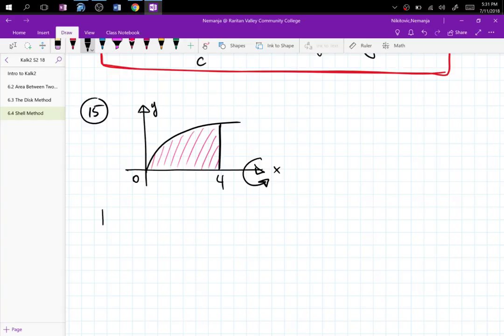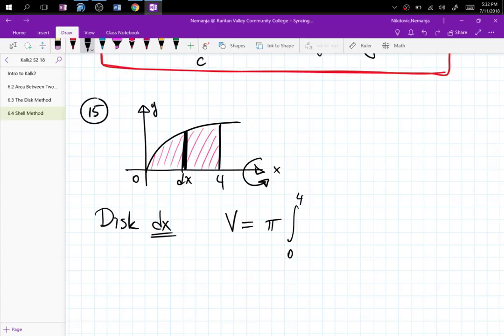So I'm going to start with the disk method first, which requires dx, because I need the cut to be perpendicular to the axis of rotation. When I set the volume integral for the dx representative rectangle, I have pi integral 0 to 4 of our function squared, that's square root of x squared, dx.